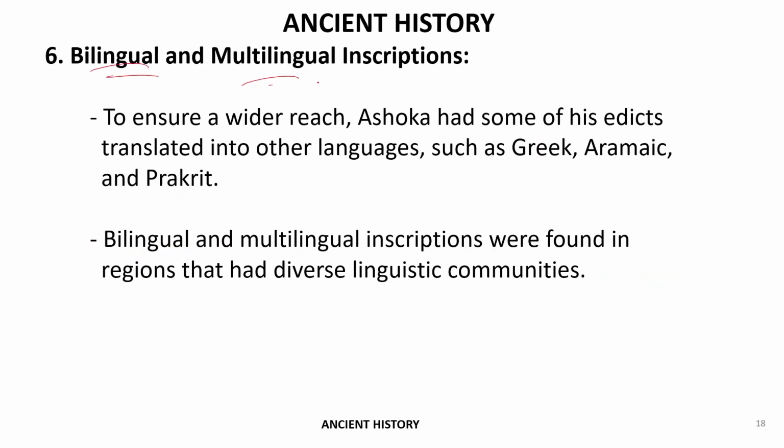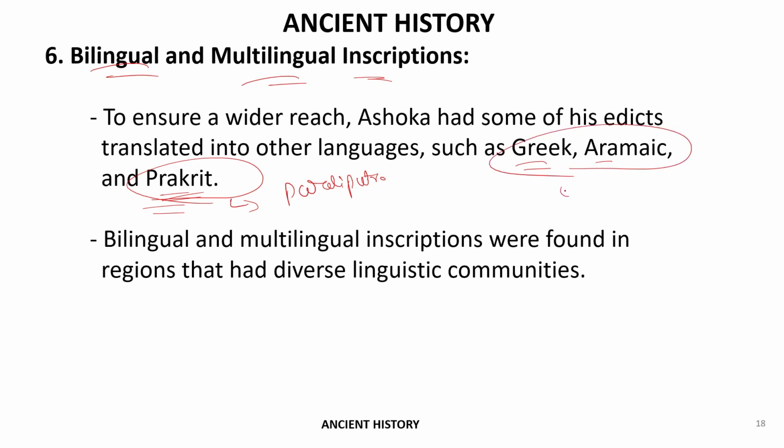Bilingual and multilingual inscriptions were used. Okay, to ensure wider reach, Ashoka had some of his edicts translated into other languages such as Greek, Aramaic, and Prakrit. Okay, because the area where he generally lived, meaning the area near Pataliputra, had the language Prakrit. So he used Prakrit there.